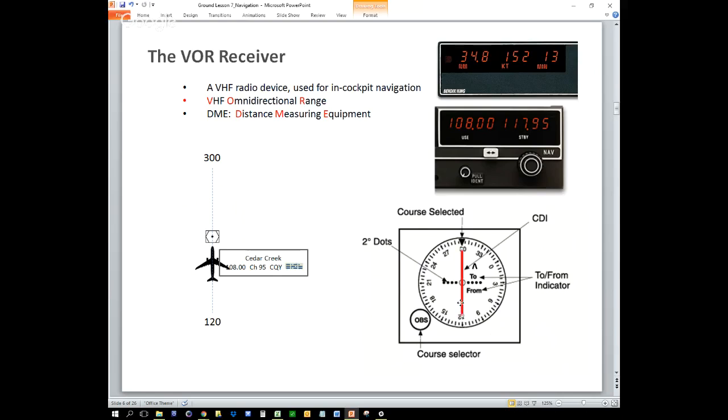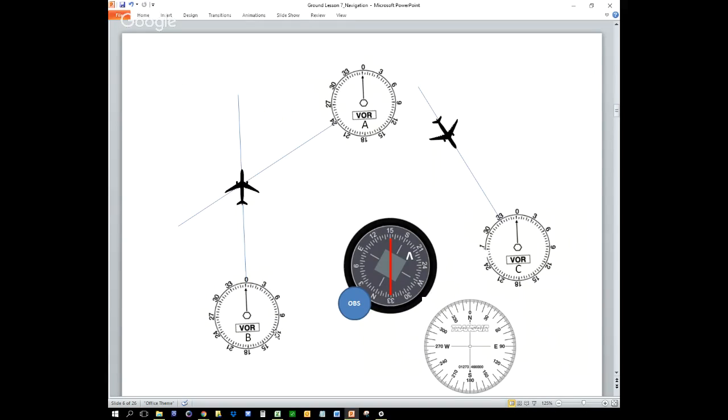And it'll deviate based on where your airplane is relative to center. Well, if you tune two different stations in, like VOR-A and VOR-B, to the respective frequencies and center the course deviation indicators, then you will be able to determine where you are on the sectional.